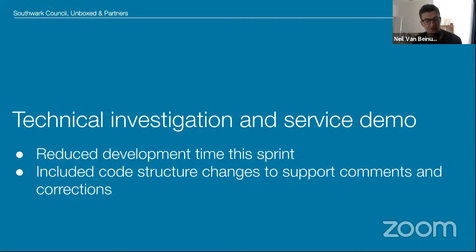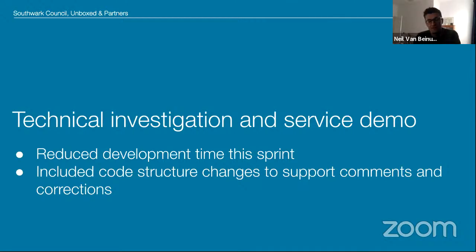In this section of the show and tell, we're going to demonstrate some of the technical work that's been done this sprint. Echoing some of Jack's comments earlier in the presentation, we've had some reduced capacity on the development team this sprint, so we've got maybe fewer things to show this time compared to previously.